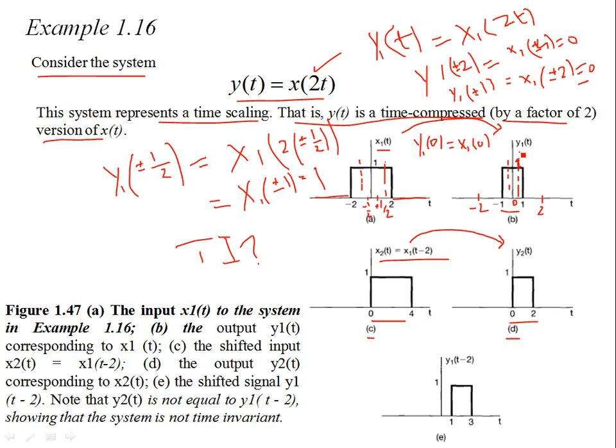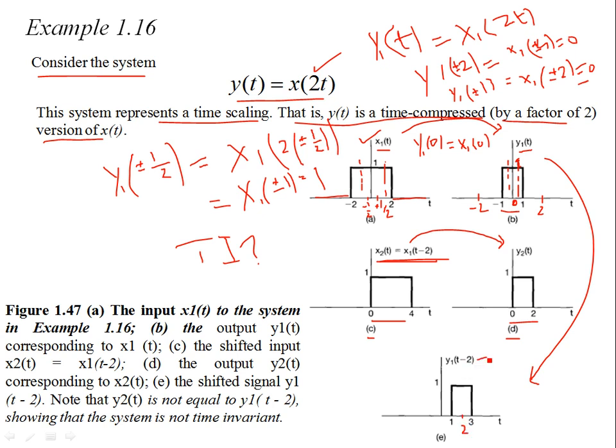Now, if you consider the original output, x2(t) is related to x1(t), as it is the delayed version of your original input signal x1(t). Now the question is: is y2(t) equal to y1 of t minus 2? Well, y1 of t minus 2 is something like this, where its center, which is 0, is shifted to 2.